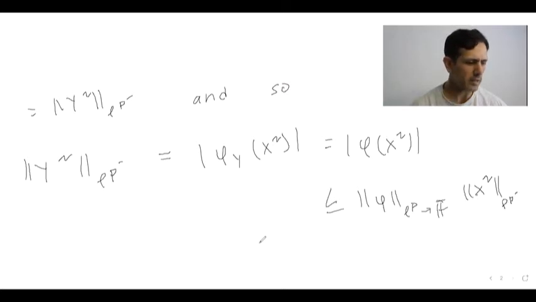And you can check that the norm, basically by design, of x_n is just going to be 1.